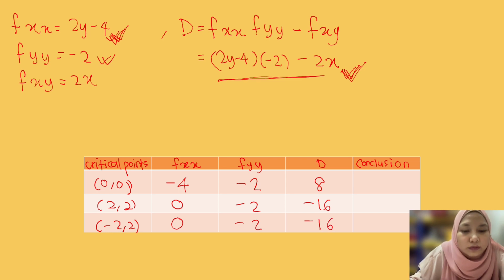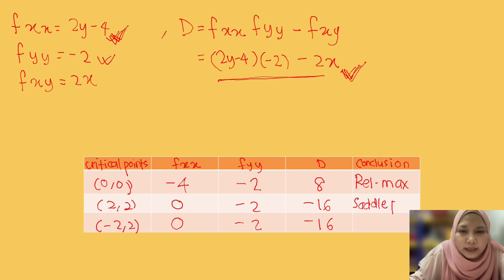Okay, so now for the conclusion part, we only have one positive value, so this one will become our relative maximum. I just put short form for this one, relative maxima. And then these are negative values, our D less than 0, so negative is less than 0, good. So this will be our saddle point.